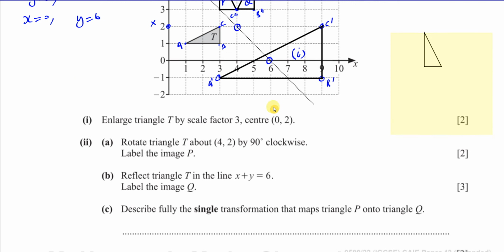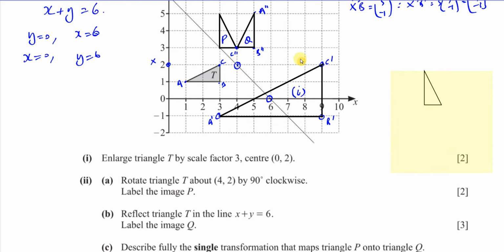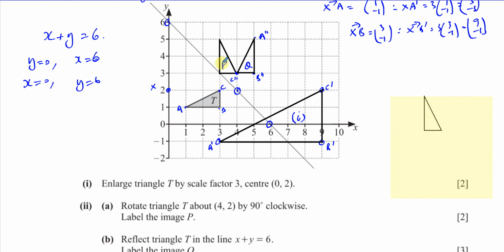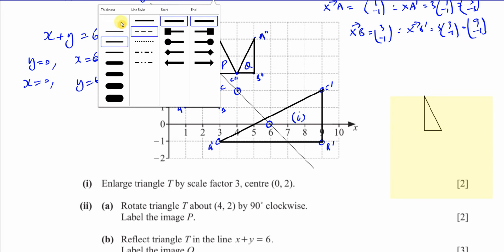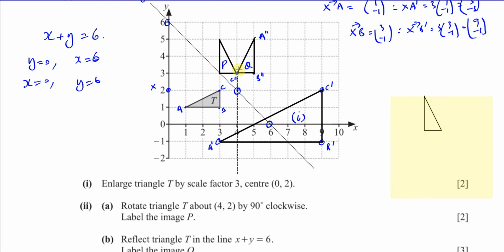And then it says, describe fully the single transformation that maps P onto Q. Well, we can see that P onto Q is a reflection in this vertical line. It's a reflection in the vertical line x equals 4. If you reflect this image P into Q, it's in this line x equals 4.